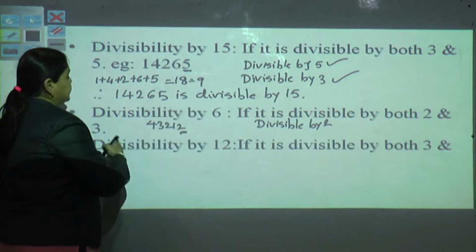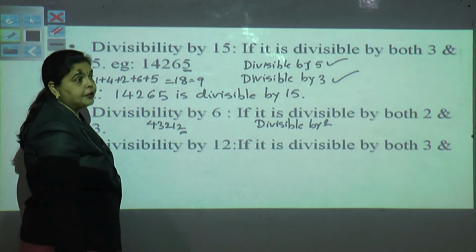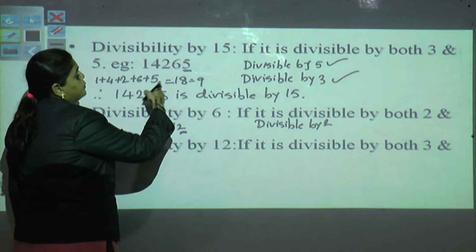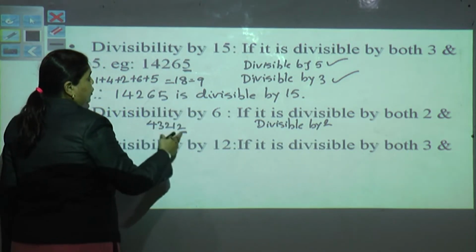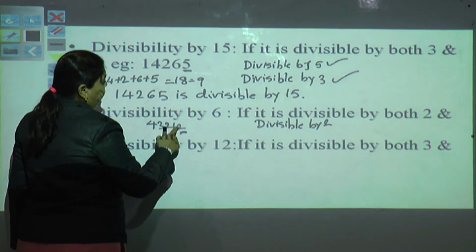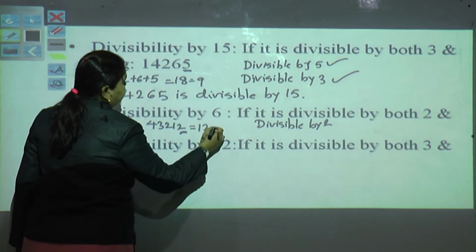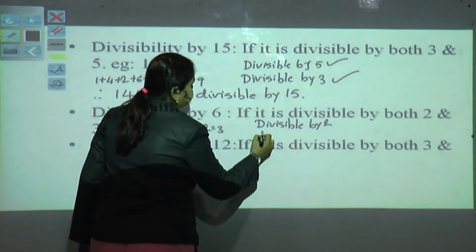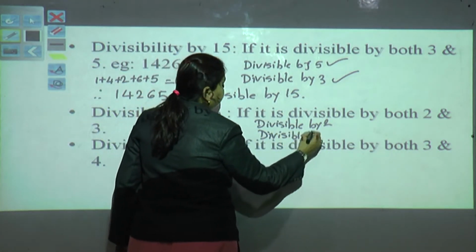Then is this number divisible by 3? What is the divisibility rule of 3? The sum should be divisible by 3. We will see what the sum is here. 4 plus 3 is 7, 8, 9, 10, 11, 12. 12 plus 2 plus 1 is equal to 15 which can be divided by 3. Yes. So this is divisible by 3.